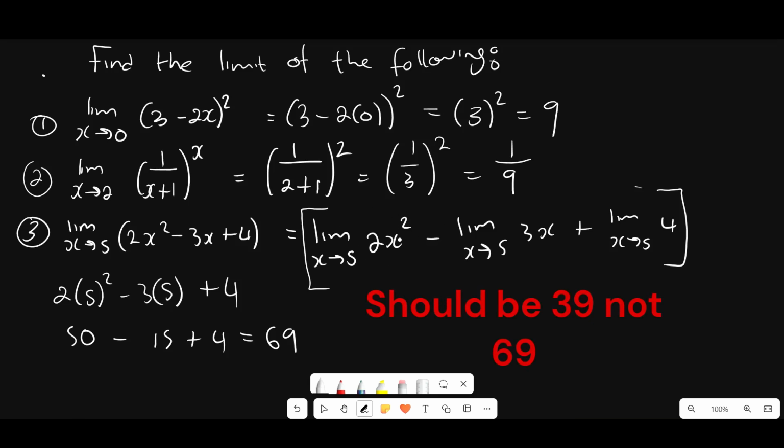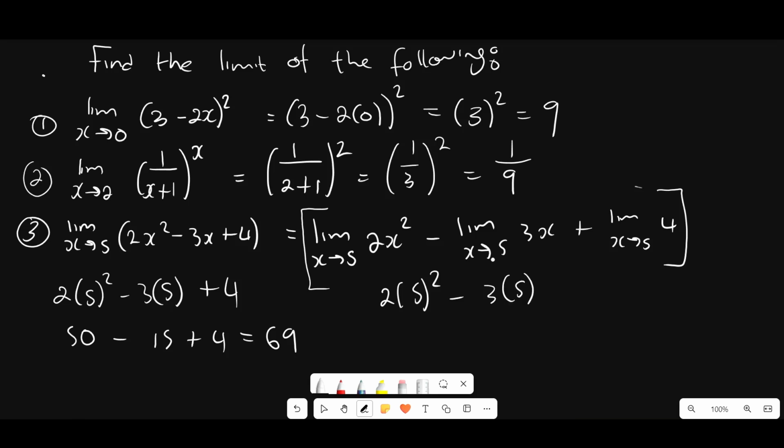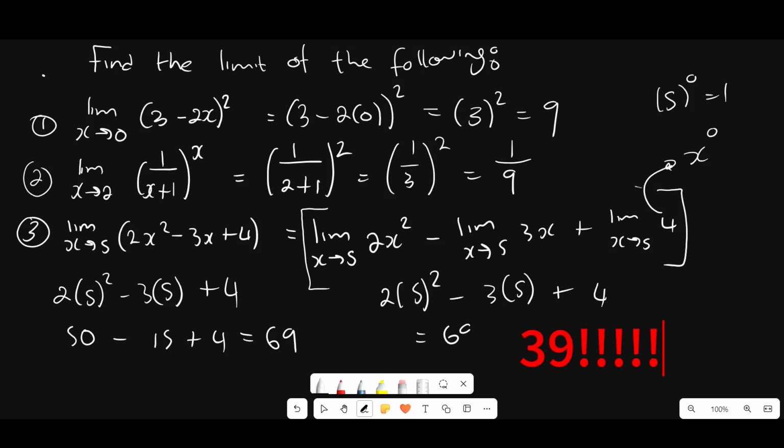So here similarly we will get the same answer. If you plug in 5 here, that's squared, minus, if you plug in 5 in place of x for the 3x term. Then here, our 4 is the same as 4x to the power 0, so if I plug in 5, 5 to the power 0 is 1, meaning 1 times 4, that's 4, right? And then I'll get the same value.